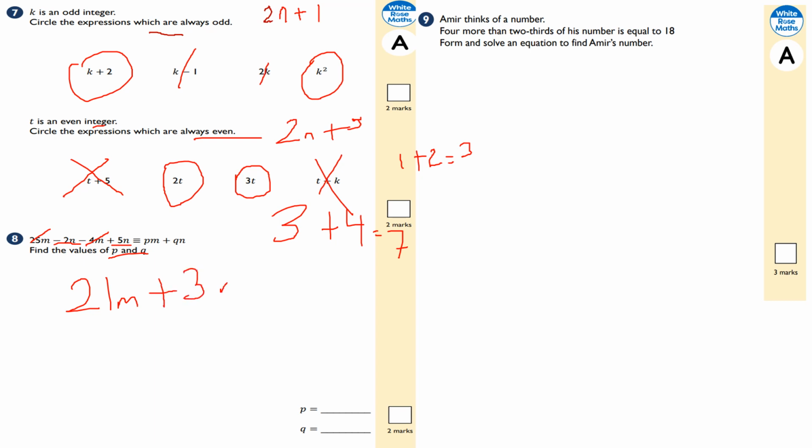Negative 2 and you add 5 and I get positive 3. So p is equal to 21, and q is equal to 3. So they are your coefficients of m and n respectively.